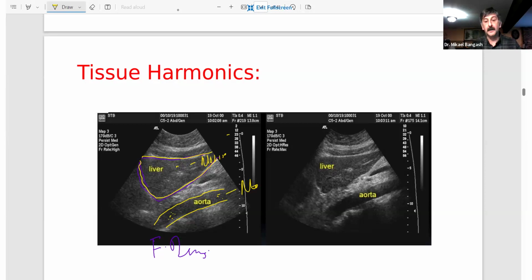Now you may not be able to completely eliminate it, but at least there's some improvement. Here you can actually see that there is an area here, for instance, this here is more well defined over here. These structures here, for instance, here it's pretty mixed up.